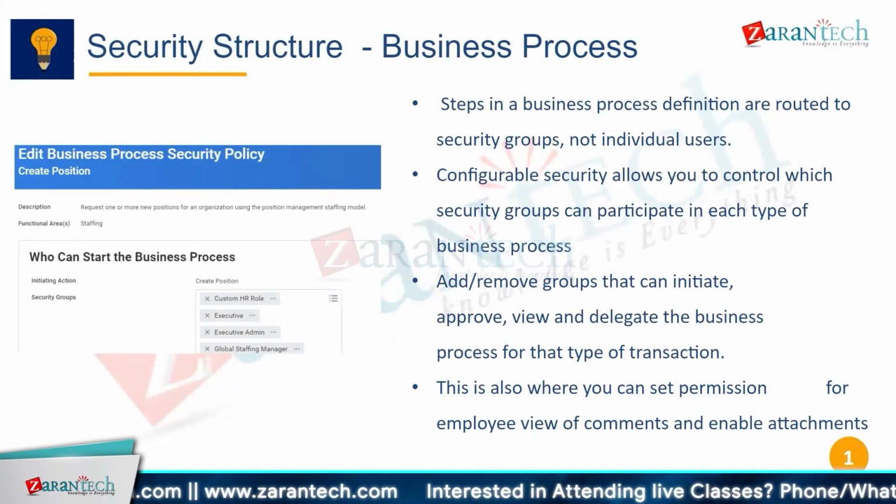Configurable security allows you to control which security group can participate in each type of business process. Add or remove groups that can initiate, approve, view, and delegate the business processes for that type of transaction. And this is also where you can set permissions for employee views of comments and enable attachments.